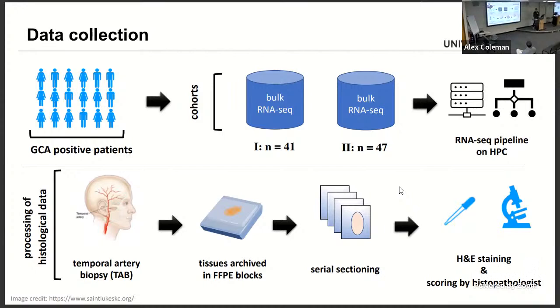All the patients had a temporal artery biopsy, and then this tissue went through serial sectioning. So it was cut in pieces, then stained and scored by a histopathologist according to the scoring system that I mentioned before. What is not shown on this slide is that we also have a lot of clinical information about the patients.